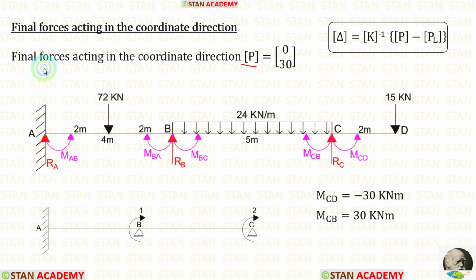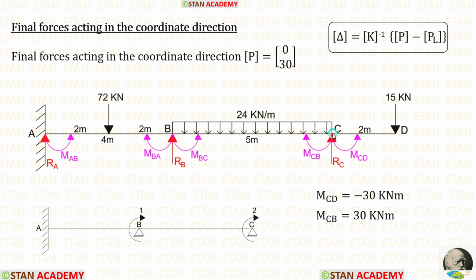In this formula, now let us calculate the P matrix. P matrix is the final forces or moments acting in the coordinate direction. Inside the P matrix, we have to apply the values very carefully. The first value from the first coordinate, the second value from the second coordinate.